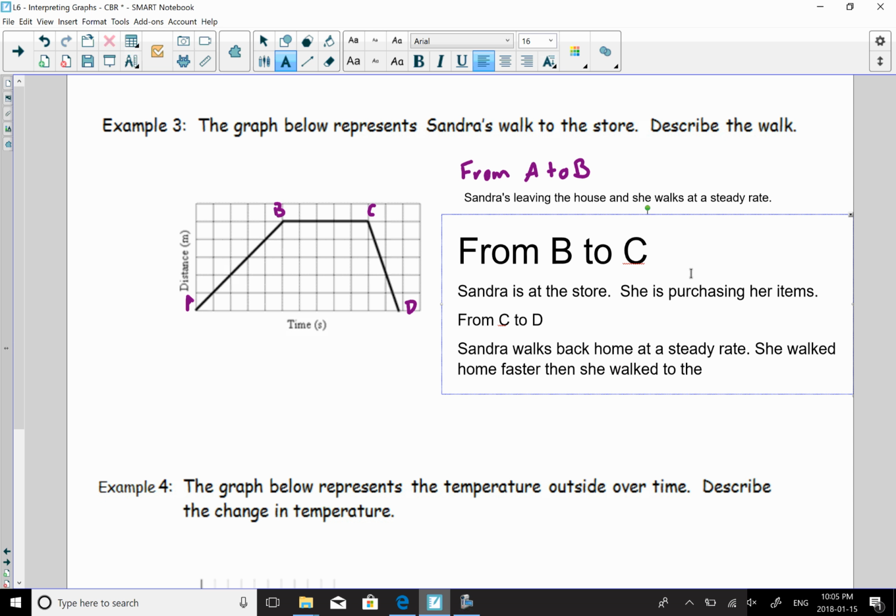She walked at a faster speed than her speed to the store.